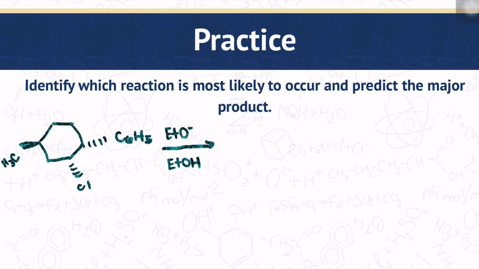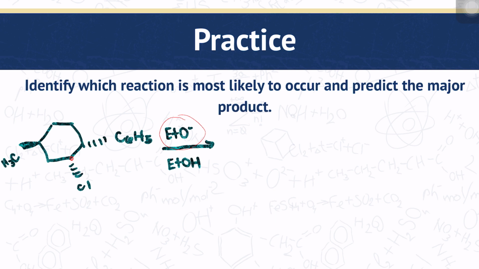So now we have our last problem today, and we are given a cyclohexane with some substituents, and we also have a strong base, ethyl oxide. So we already know that most likely what's going to take place is an E2 reaction, especially since the halogen is connected to two R groups, so it's not primary, it's more secondary.